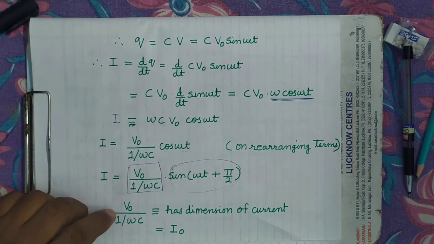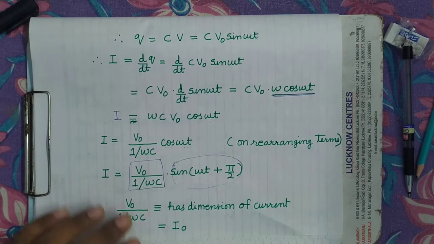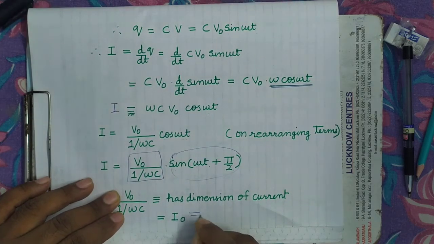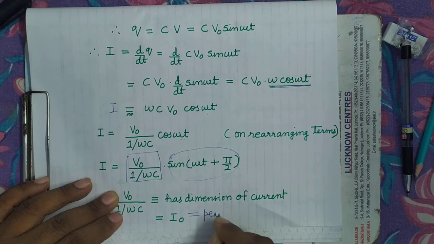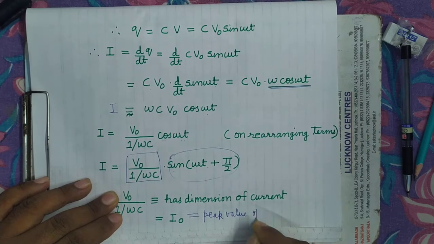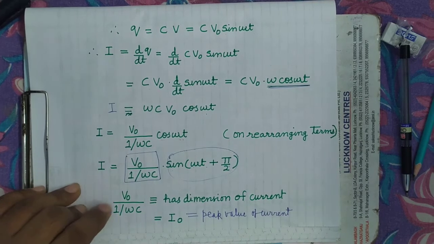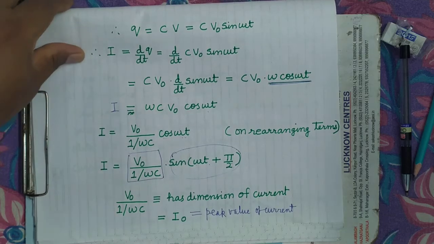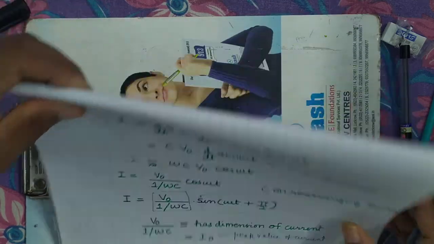And since this is the current corresponding to the peak value of voltage, it is defined as the peak value of current. I naught equals to V naught upon 1 upon omega c.